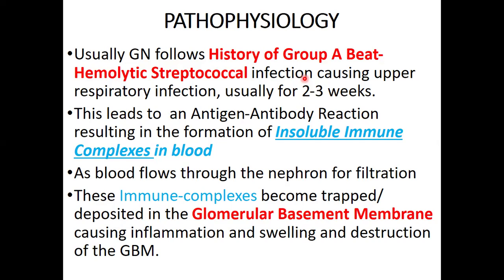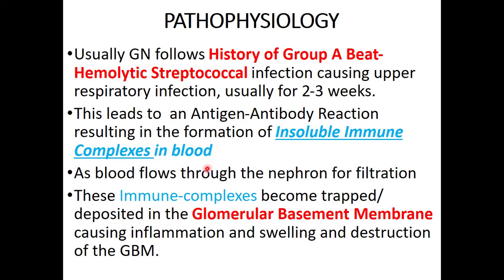The body also tries to fight this infection. In the process, it forms what are called insoluble immune complexes. These complexes are very difficult for the body to dissolve and get rid of, mainly through the urinary system. So they remain solid, and as they try to pass from the blood vessels to become part of the glomerular filtrate, that's when they cause damage to the basement membrane.